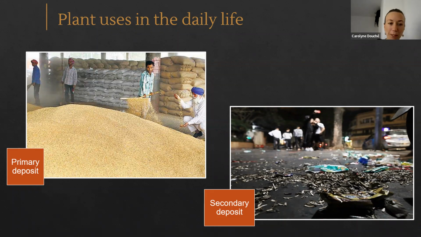And this is, for example, the case of granaries. And on the other hand, we will find the secondary deposits where the assemblage is mixed and can be composed of plants from different origins, different places, different periods. And this is, for example, the case of middens or garbage.